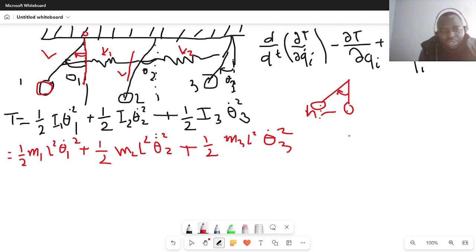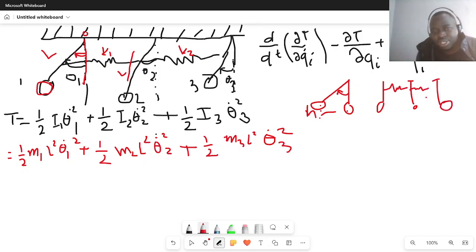Now here we go. Do we all believe that at the beginning we have a system like this? You have a spring, and then another mass, and then another spring like this and another mass, before being stretched at a certain angle. We all believe that. Now what's happening here? As we can see now, the angles are created.